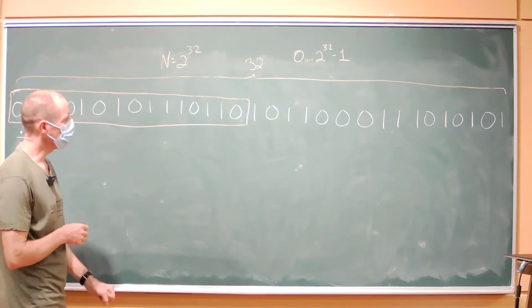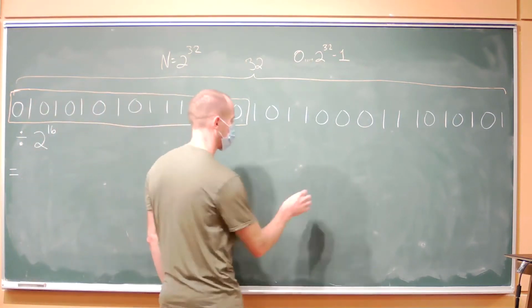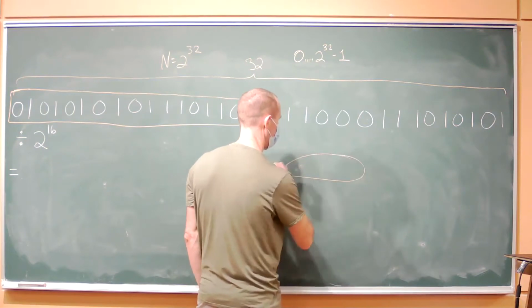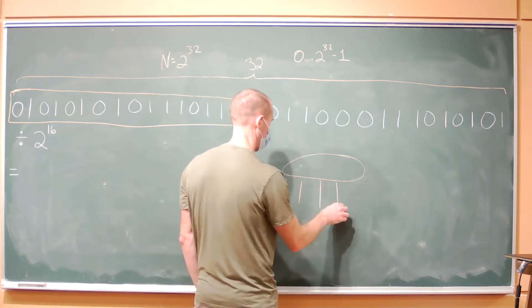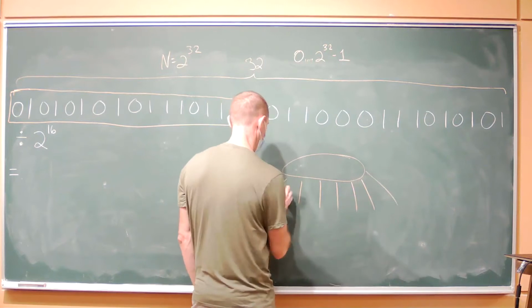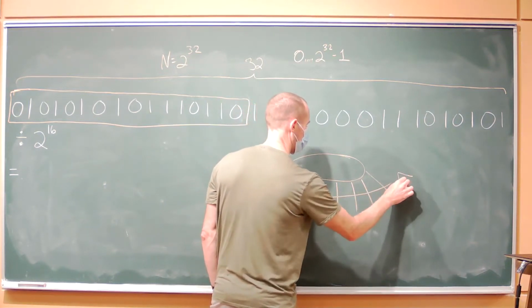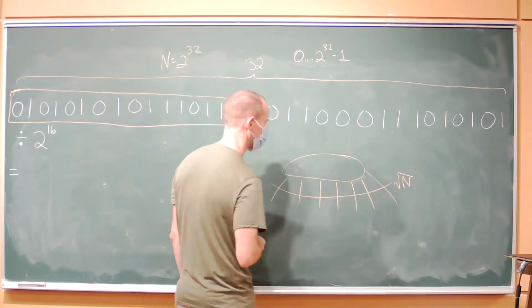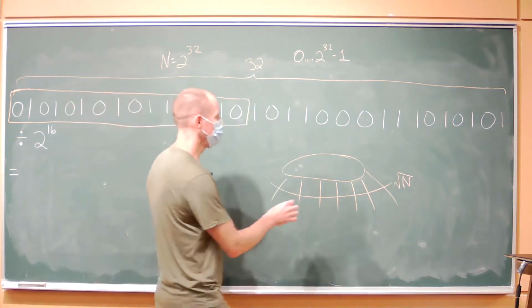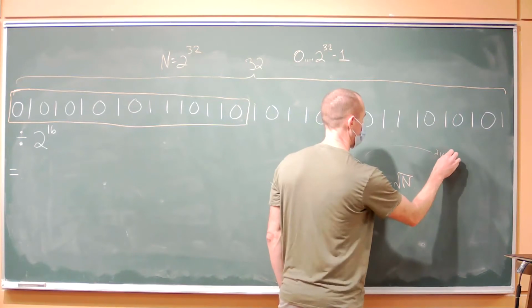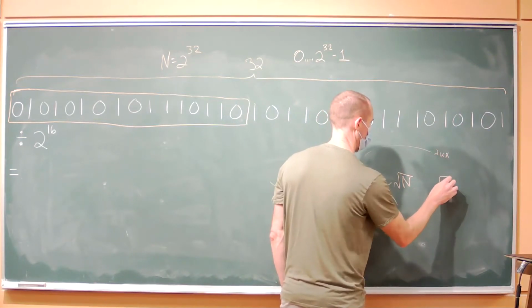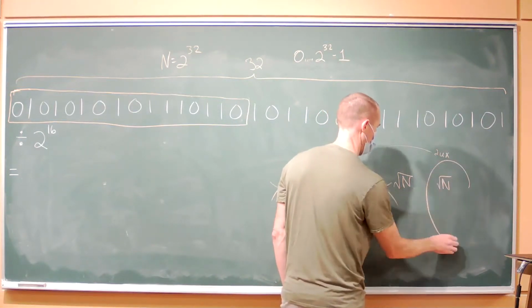And at a very high level, what we were doing with van Emde Boas trees is everyone had root n children, and then there was this other aux thing, also of size root n.